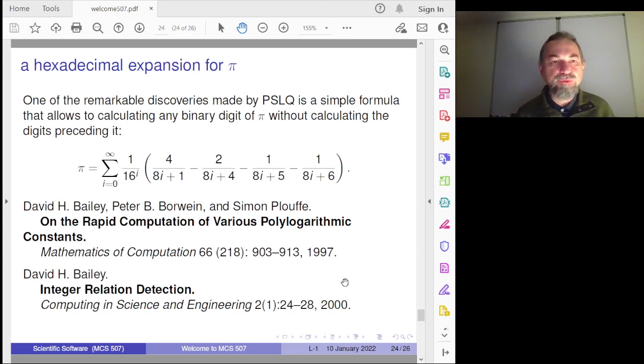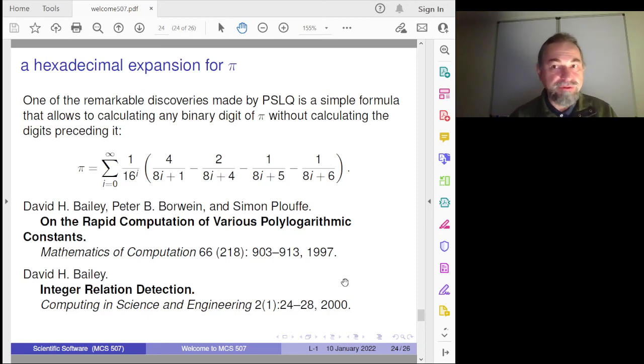But you can compute the hexadecimal expansion in pieces. Normally when you compute a decimal expansion of a number, you're using some kind of Newton iteration and you extend the decimal expansion. Here, with these spigot formulas, you can compute one piece independent of all the rest.